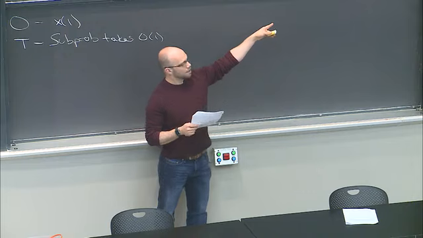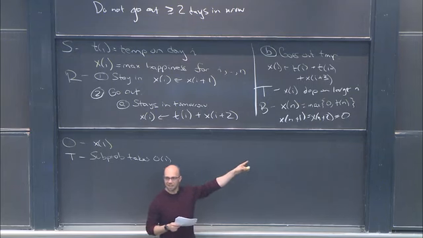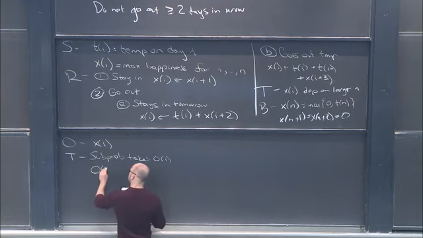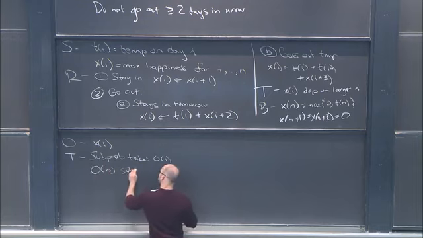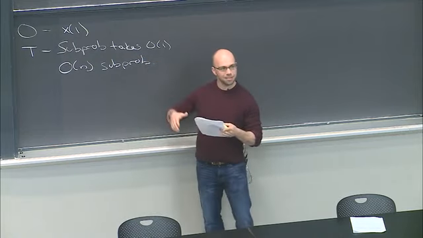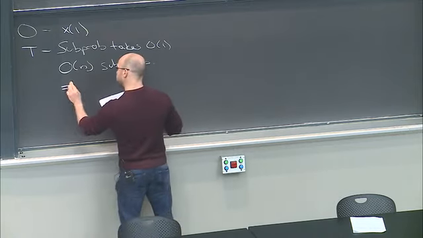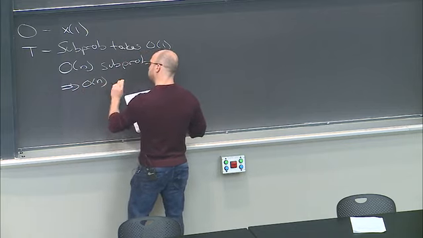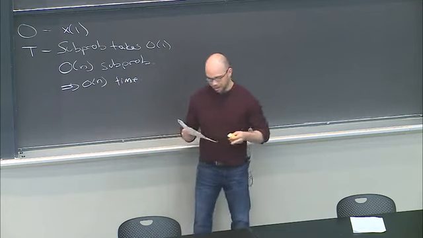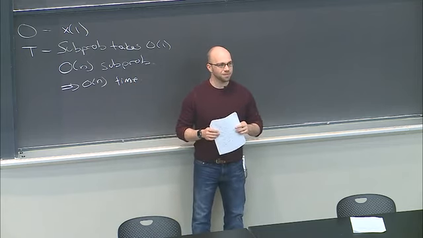Well, there's, I guess, n plus 2 max if you want to be conservative about it. So in particular, there's order n subproblems, right? So all I have to do is multiply these 2 things together, and my algorithm takes order n time. And that's our solution to problem number 1.